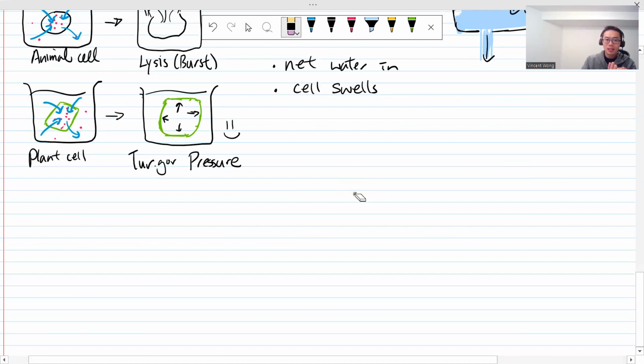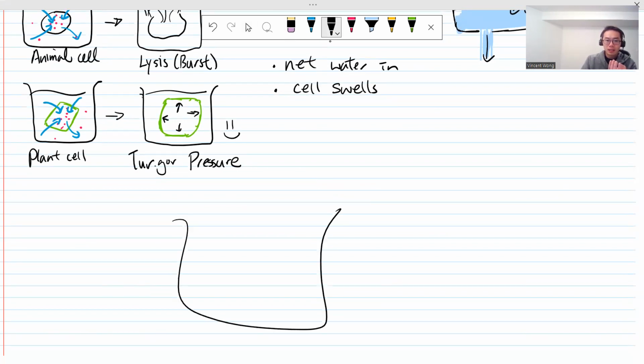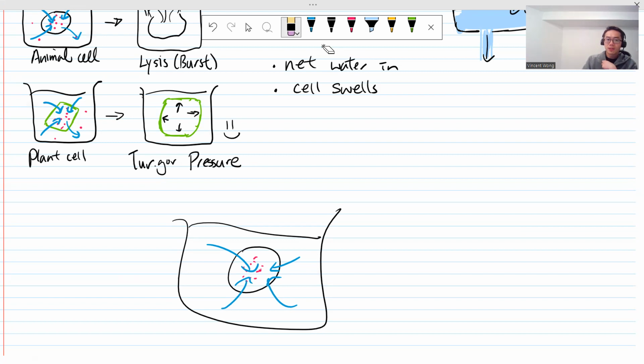So you drink a lot of water, and then you have your cell. The cell is going to have its red dots, but in the water there's nothing. So what's going to happen? The water will come in, because that's where the solutes are. So this is hypotonic. The cell is going to swell up.